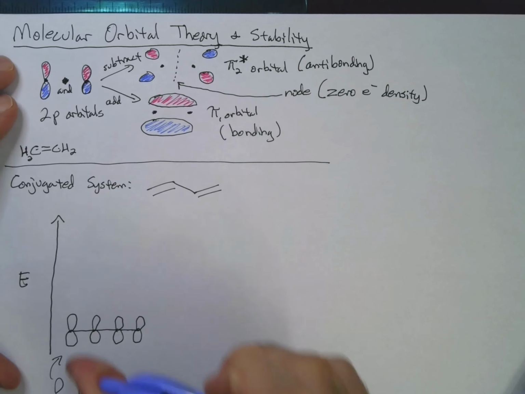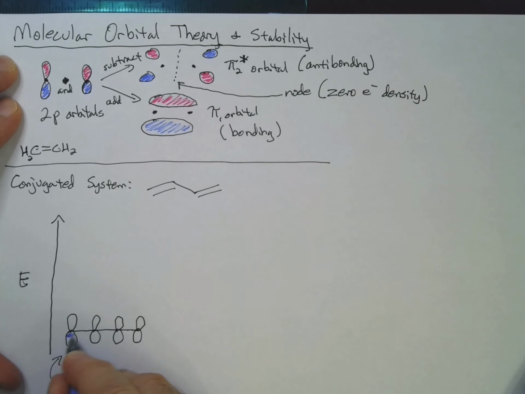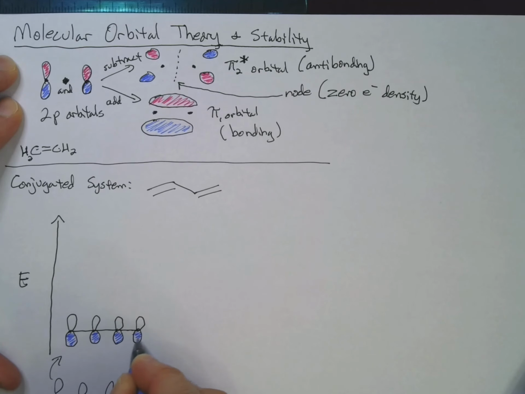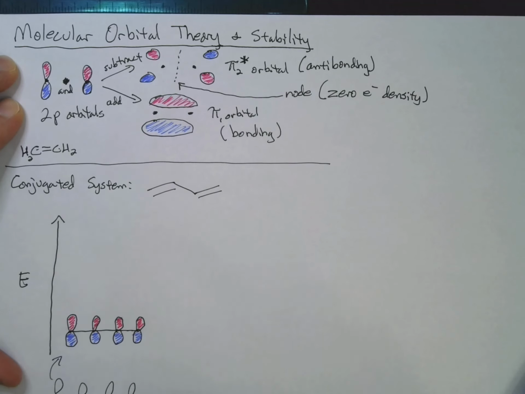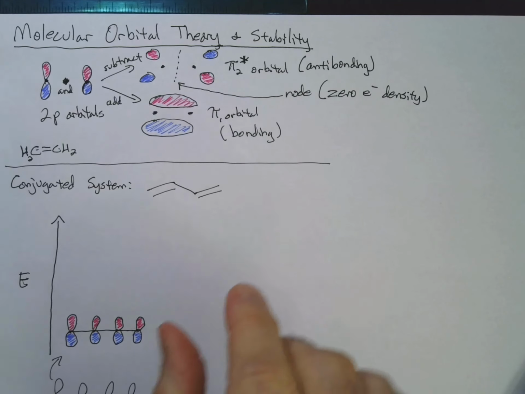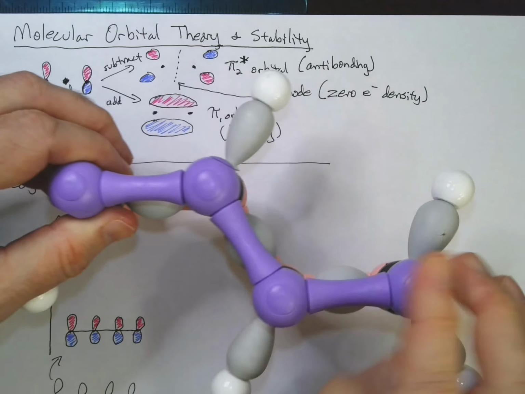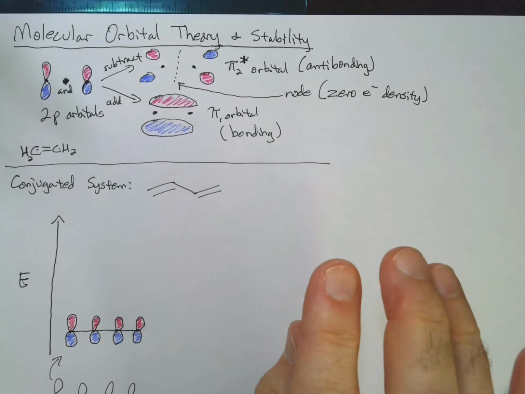Now, if they all line up phase-wise, that is going to be, when we add all these guys up, we end up with that blob like this over the whole molecule, spread out over the whole molecule.